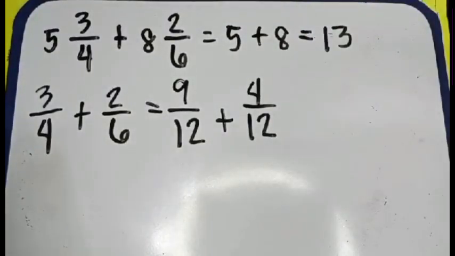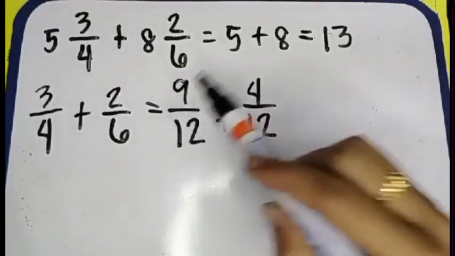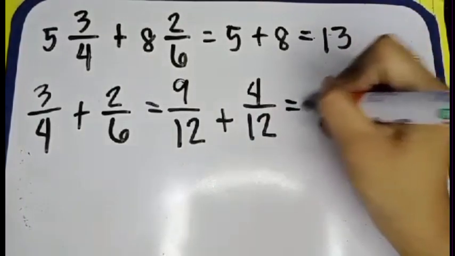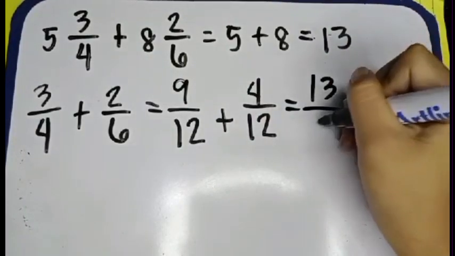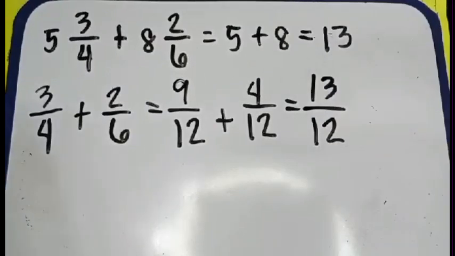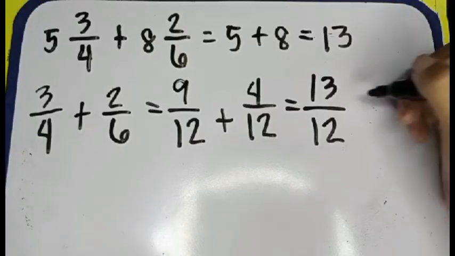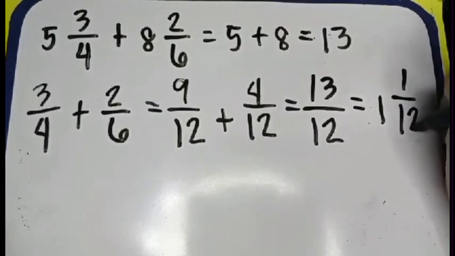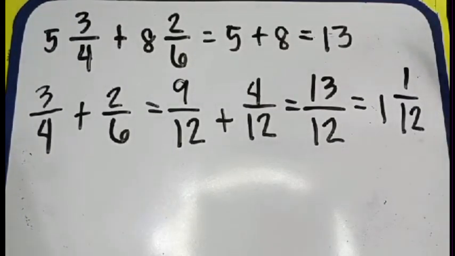Ayan, same denominator na sila. So, pwede na natin ipag-add ang ating numerator, which is 9 plus 4. 9 plus 4 is equal to 13. Then, copy the denominator. To simplify 13 over 12, just divide 13 and 12. And that will be 1 and 1/12.